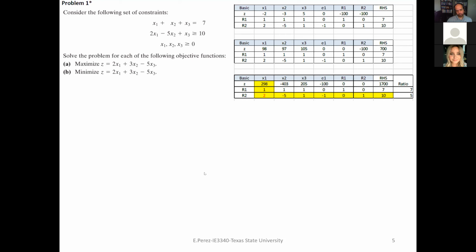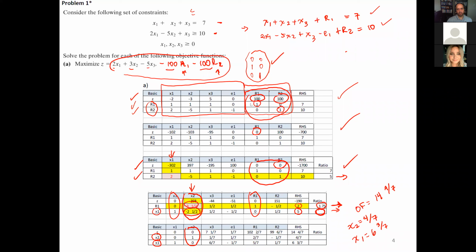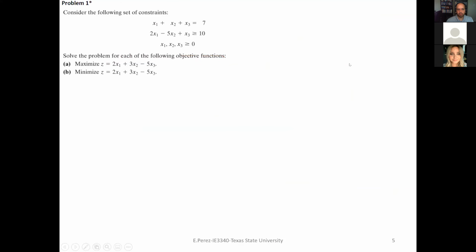At this point, you see that this tableau is the same as the previous one. So you have minus 100, minus 100 here. Let me set this up in standard form.